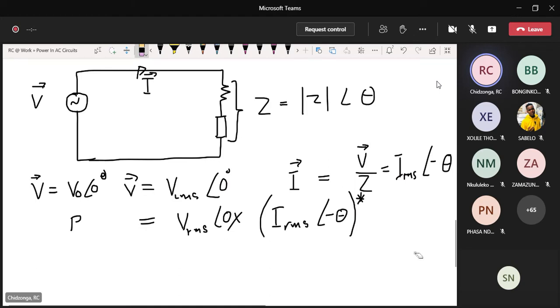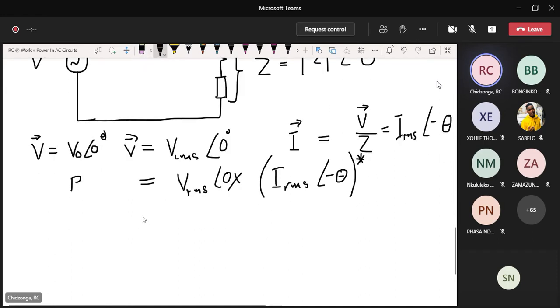So now I can take this star out by conjugating as V RMS and then I RMS angle theta. I've taken the conjugate because you change the sign.